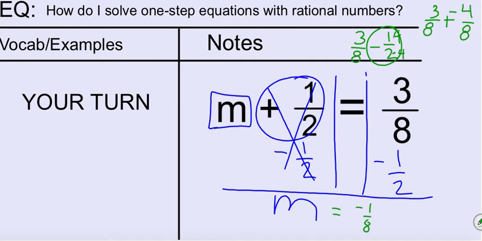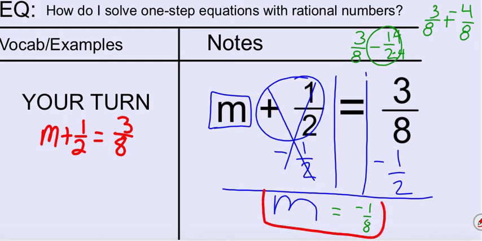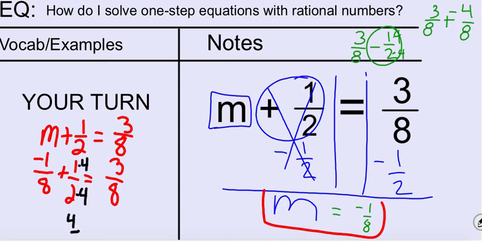I'm then going to, again, go back and check my work. I'm going to take that original equation, m plus 1/2 equals 3/8. I'm going to take the value of m that I found of negative 1/8 plus 1/2 and see if I get an answer of 3/8. When I do that, I notice I need common denominators, so I'm going to take the numerator and the denominator times 4, and that's going to give me 4/8.